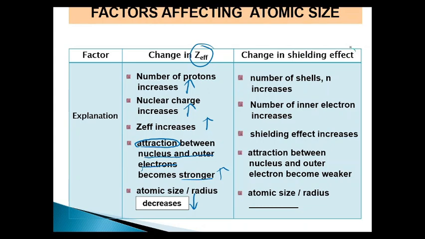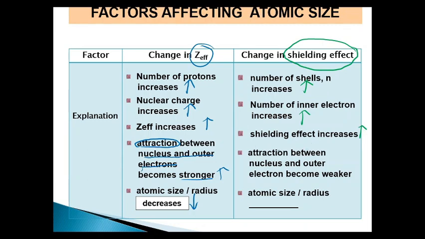For a change in shielding effect, when the number of shells increases, the number of inner electrons increases as well. Okay, remember, when there's more bodyguard, the shielding effect will increase.